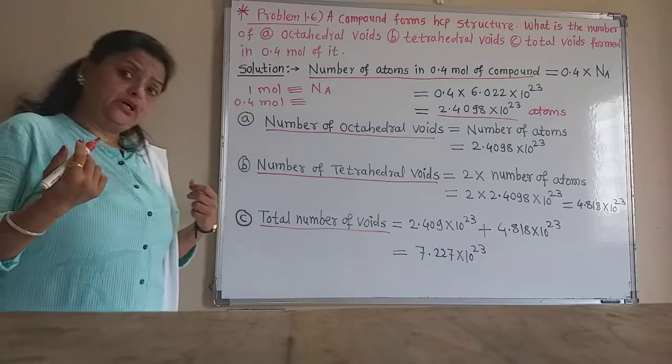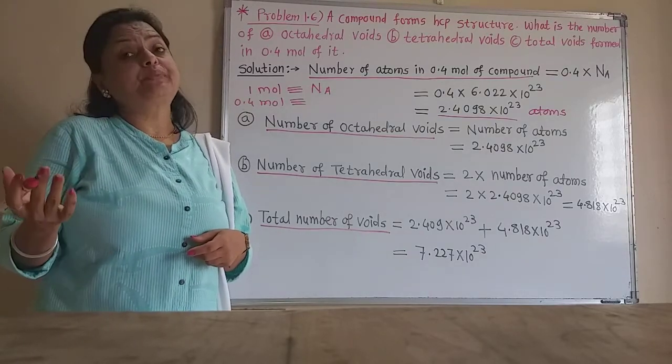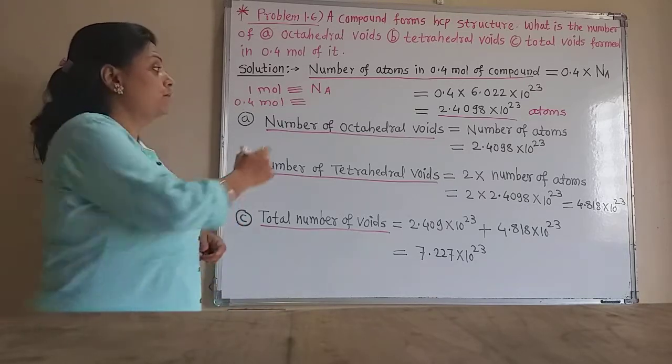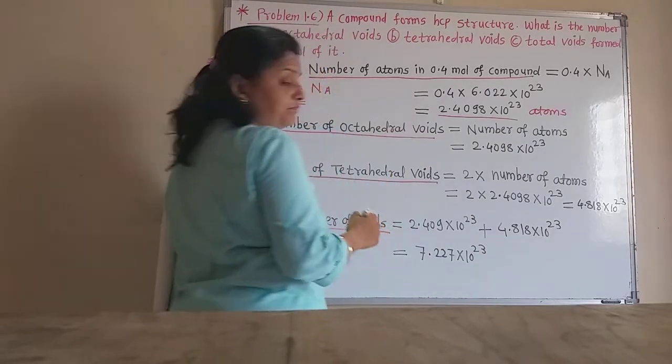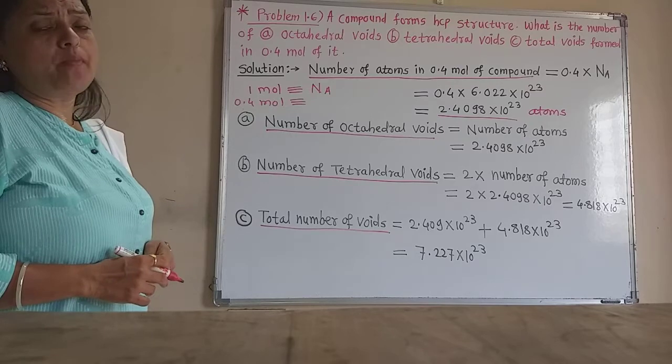Now the octahedral voids are the same in number as the atoms present in the given compound. So the number of octahedral voids in the unit cells is equal to the number of particles.